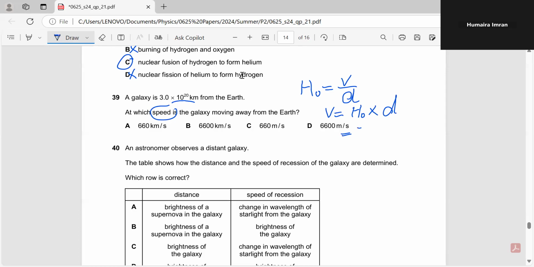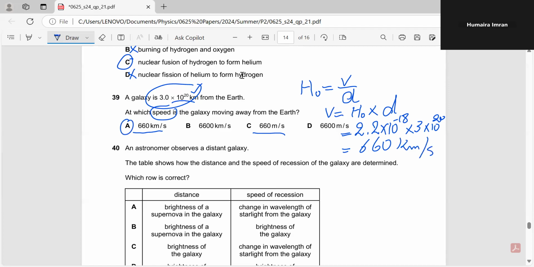We know the value of Hubble's constant is 2.2 × 10^-18, and the distance is already given, 3 × 10^20. When you solve these two, your answer is 660. But here we have two options with 660, so which one will be correct? As the data is given in kilometers, it will be kilometers per second. Option A is correct here.